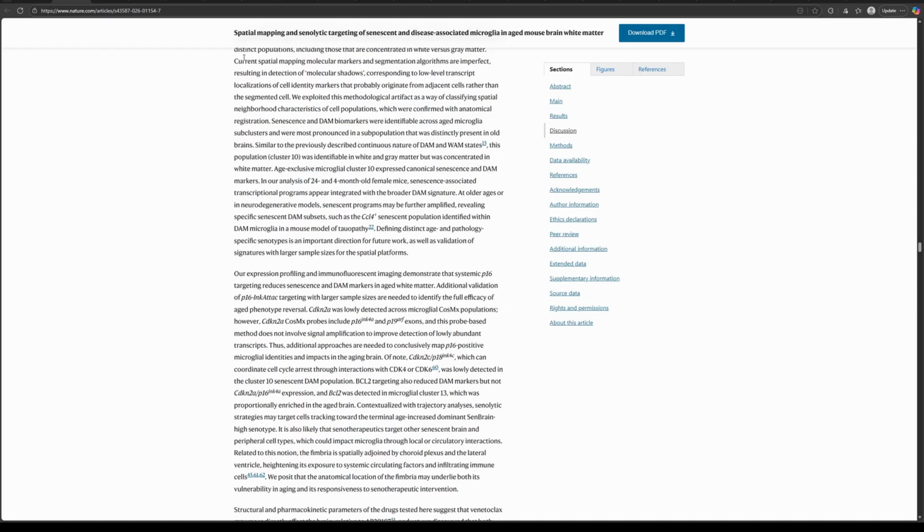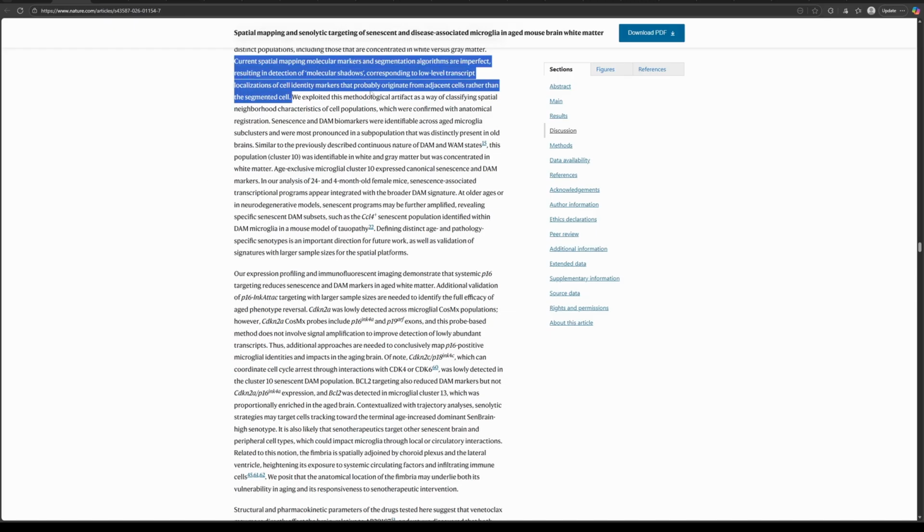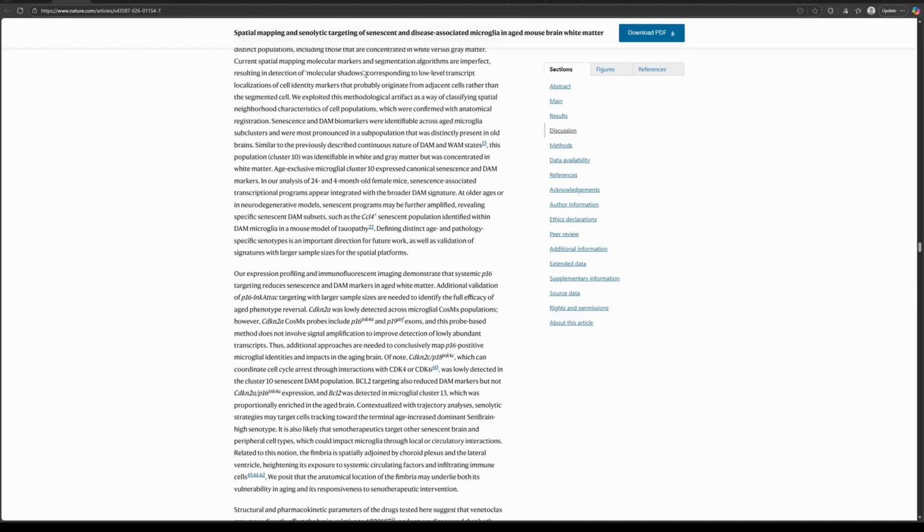Okay, so they're recognizing a couple of limitations of their technology, that there might be extra detection of these biomarkers from adjacent cells rather than the actual cell they're targeting.